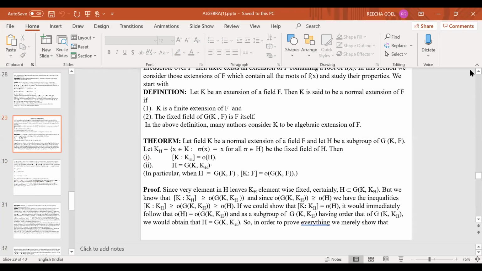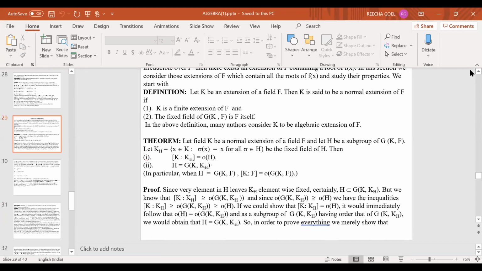Now, since every element in H leaves elements of K_H fixed, therefore H is certainly contained in G(K,K_H). But we know that by Artin's theorem, the degree of K over K_H is always greater than or equal to the order of G(K,K_H).